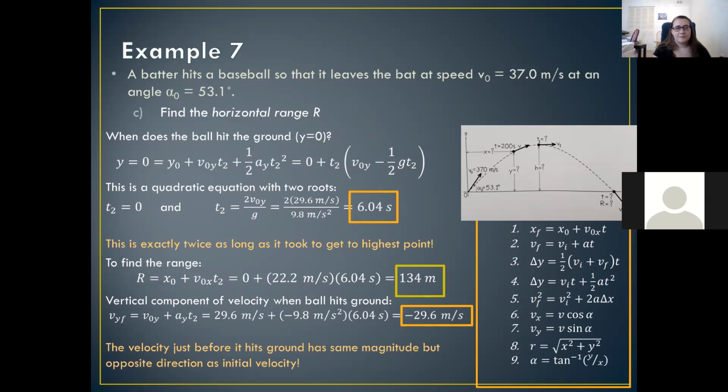Okay. So I think the unfortunate thing about teaching examples like this on PowerPoint is that the slides just end up looking really cluttered. But it's a step-by-step thing. You need to find time before you can find range, and before you can find velocity.